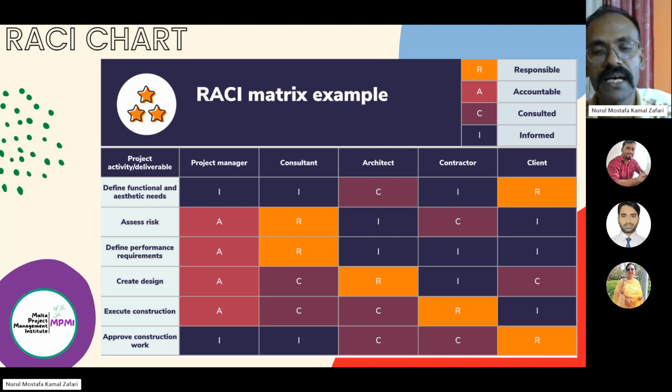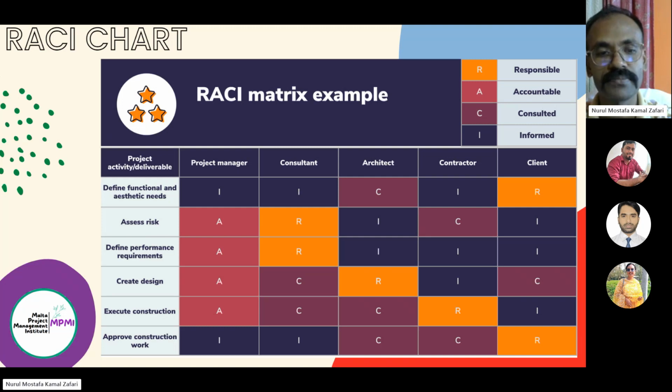Because as a project manager, you need to know how you will interact with the stakeholders, what their role will be, and how you are engaging the stakeholders in project implementation. So the RASI chart is to show your capacity and your way of making the stakeholders participate in the project.